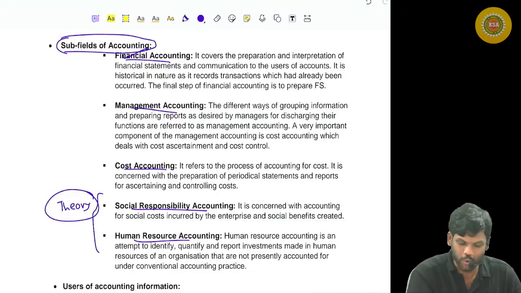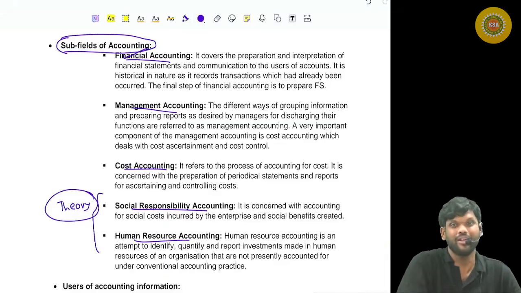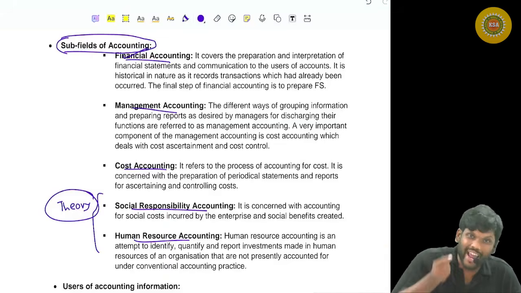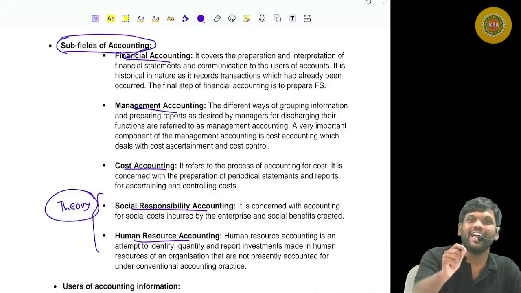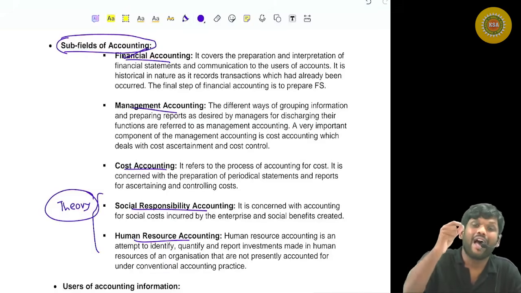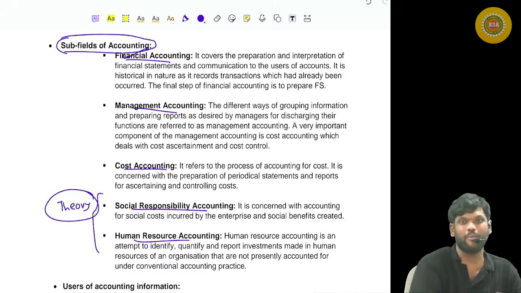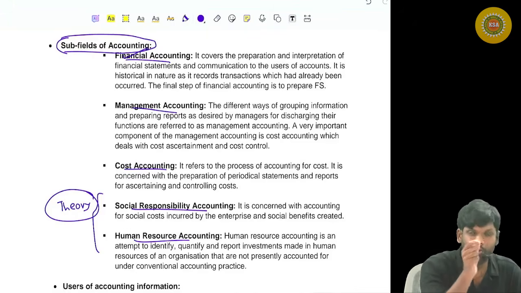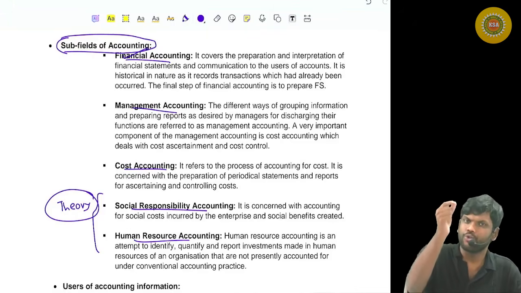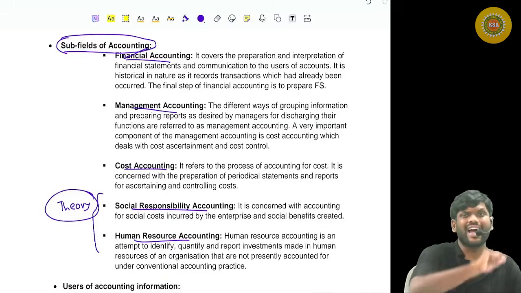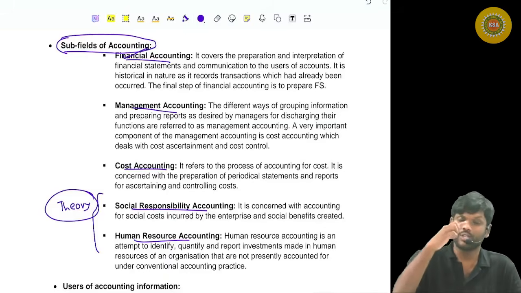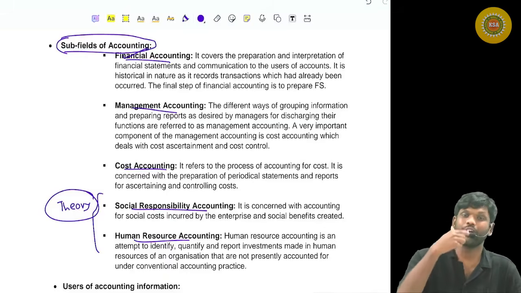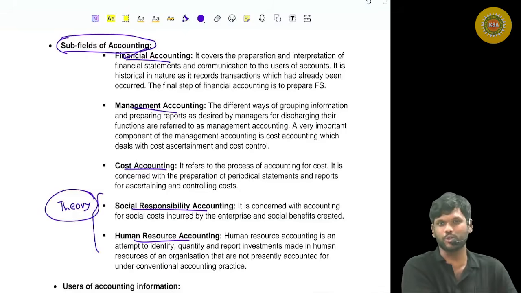Next one is human resource accounting. Human resource accounting aims to quantify and record the value of human resources of a business. Because for a business to run successfully, we need human resources. Right now those human resources are not directly recorded in the books of accounts. So human resource accounting is trying to quantify and account for those human resources also.